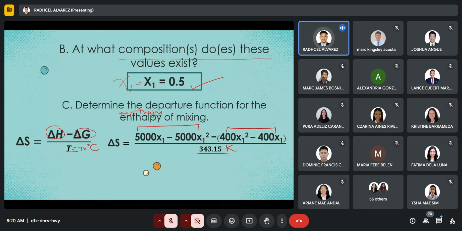So, kindly simplify this one. Anong ating sagot diyan? Paki-comment uli ng inyong answer.